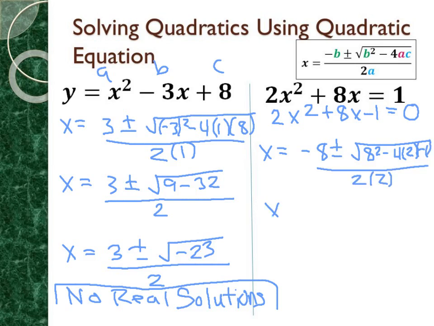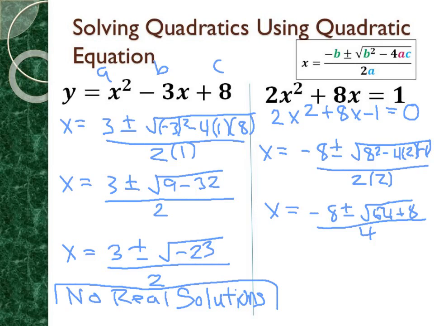So writing this, we get x is equal to negative 8 plus or minus the square root of 64 minus 4 times 2 times negative 1, which is positive 8. So plus or minus the square root of 64 plus 8, divided by 2 times 2, which is 4.